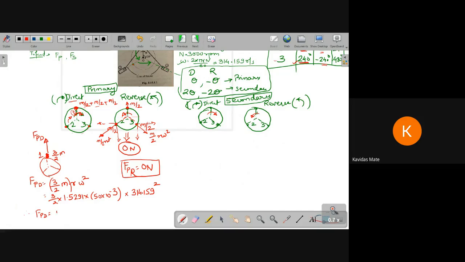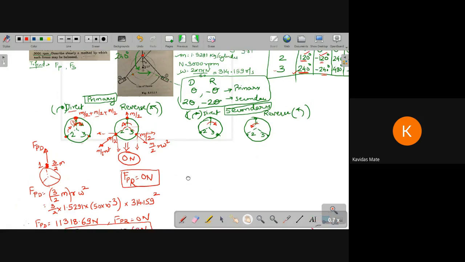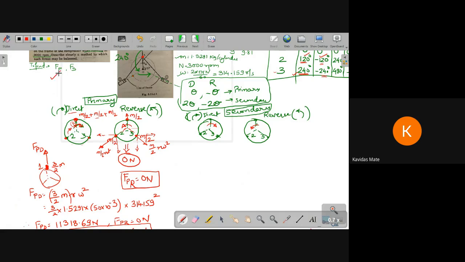It comes out to be 11,318.69 Newton. And FP reverse, primary reverse, is 0 Newton. So the primary force would be 11318.69 Newton. So you got one of the answers.